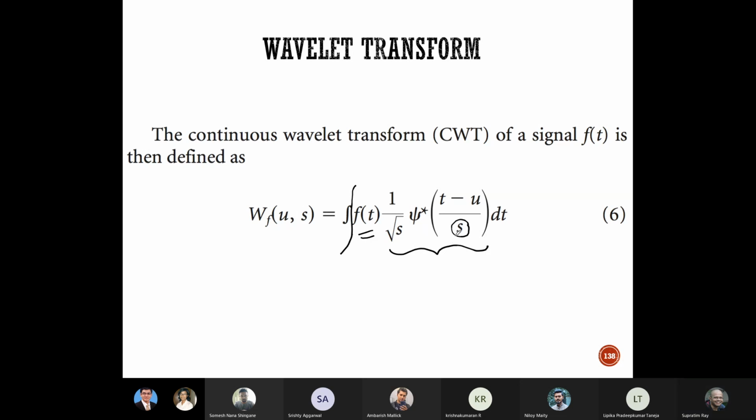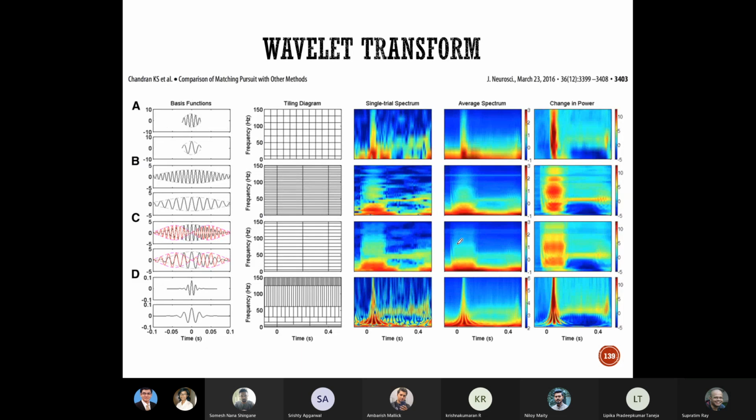Okay. Now think about what happens to a function when I squish it or stretch it. Suppose I come up with a function which looks like this. This is what I will call a wavelet. What is a wavelet? It is just a function in time which has some nice properties.